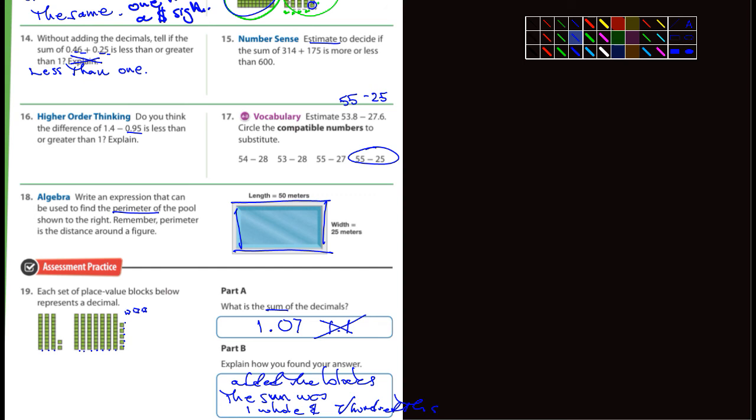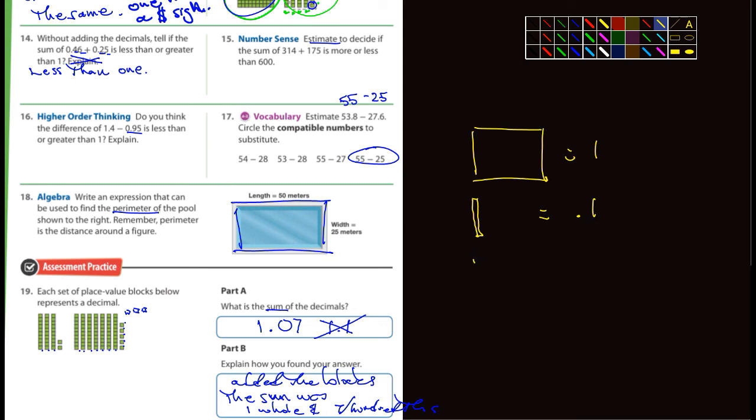So it's probably not that practical in some of these to use models and the place value blocks. Just remember this. That a whole block would equal 1. And then 1 row or 1 line would equal 0.1.